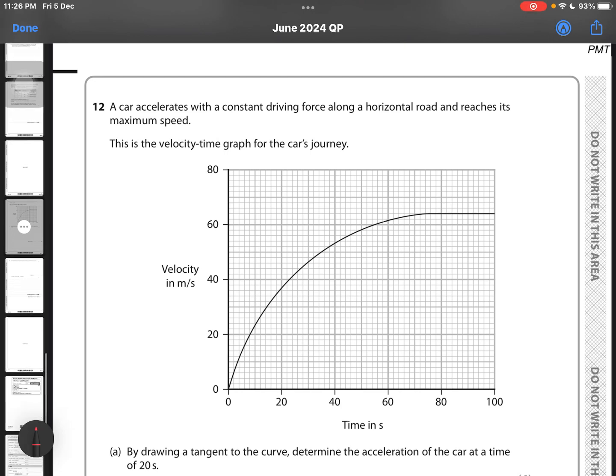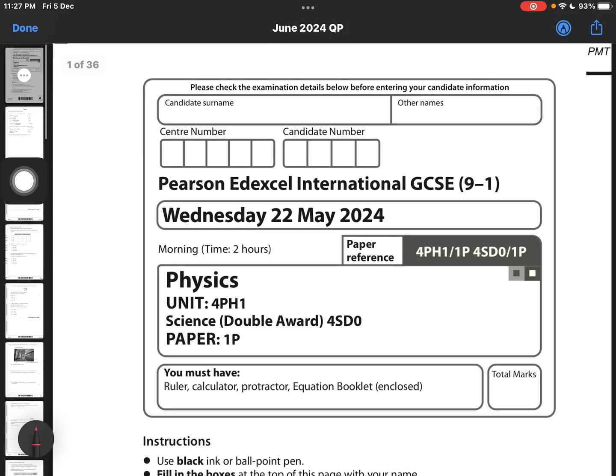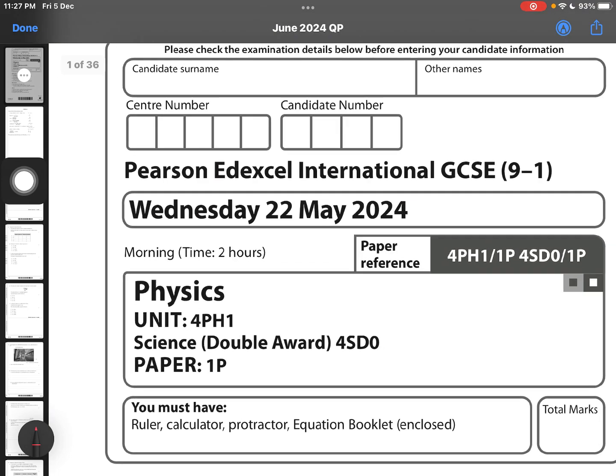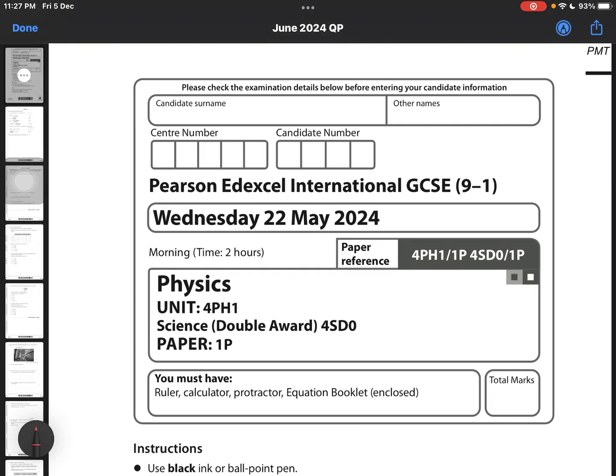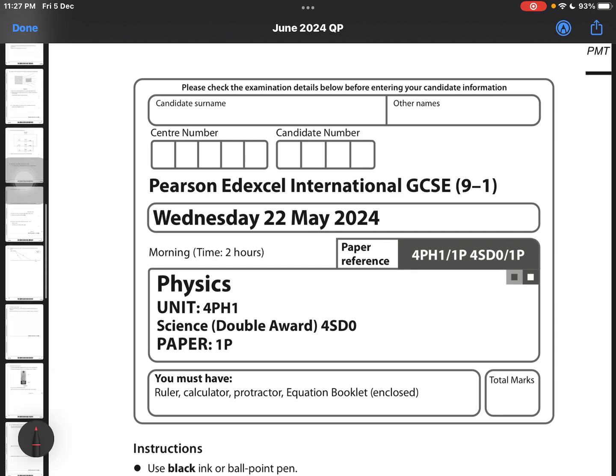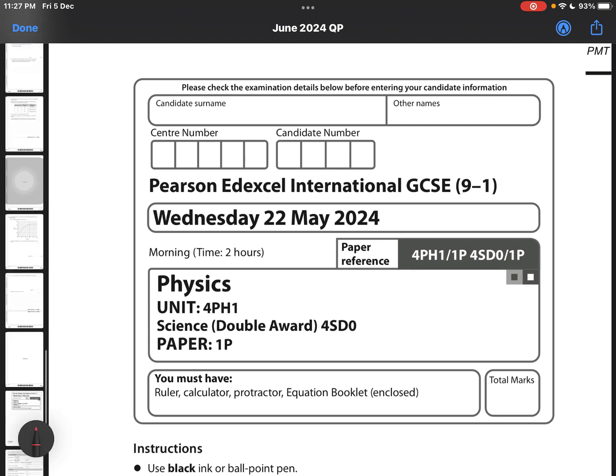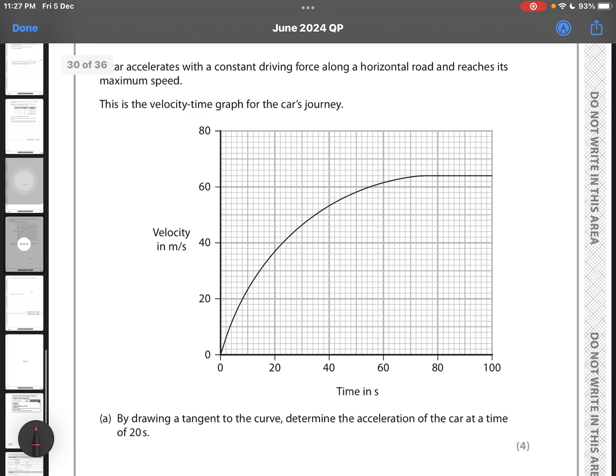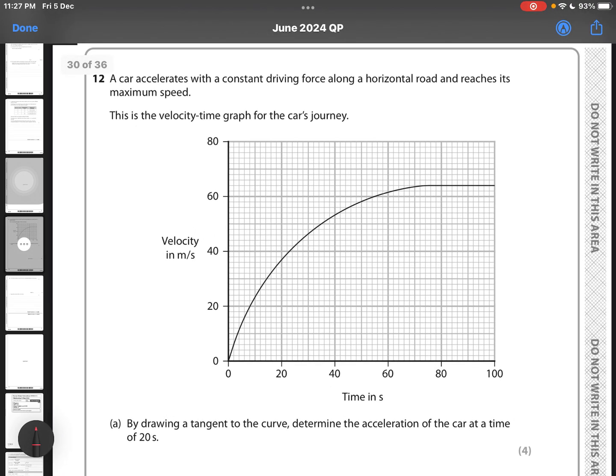Today we will be looking at a velocity time graph question from the May 2024 paper of Edexcel IGCSE Paper 1. The velocity time graph that we have is something very important.